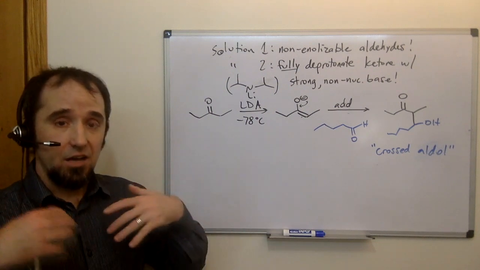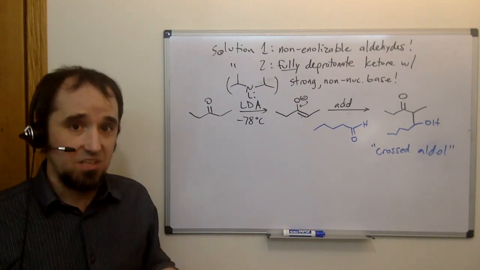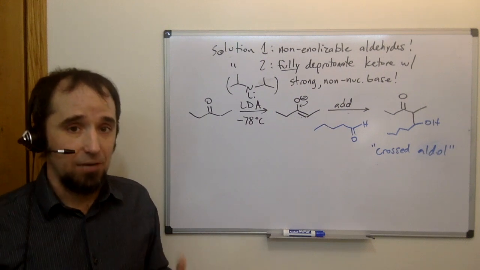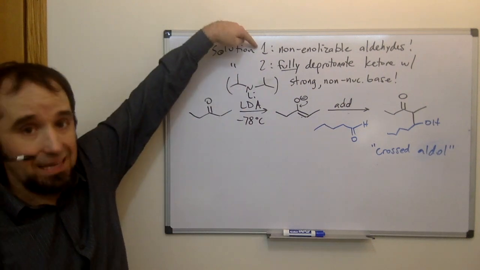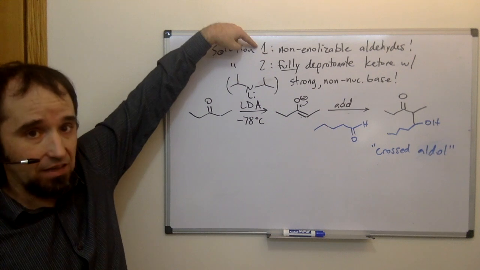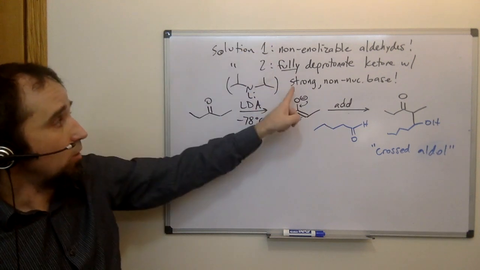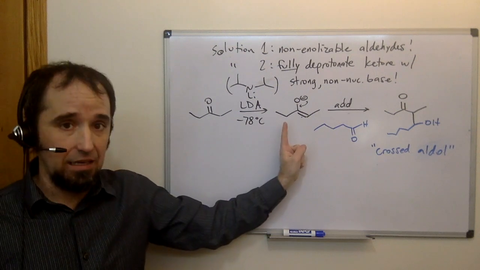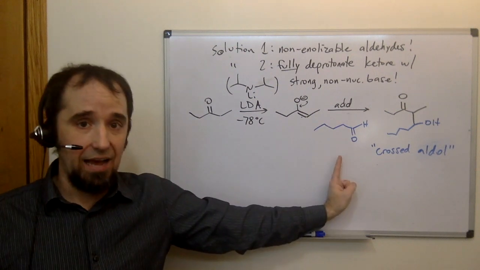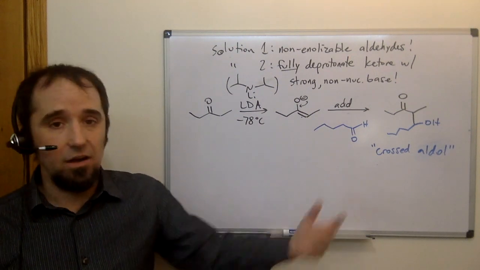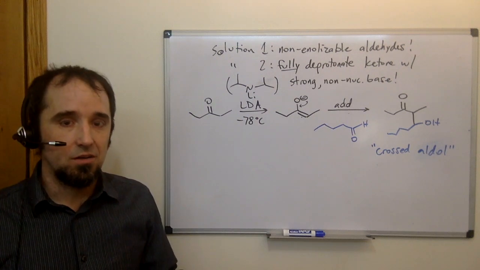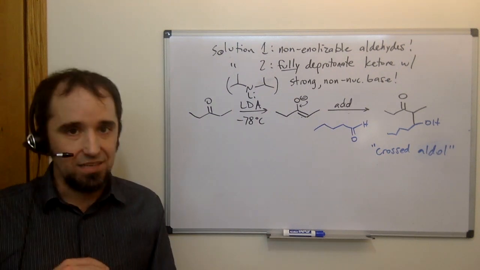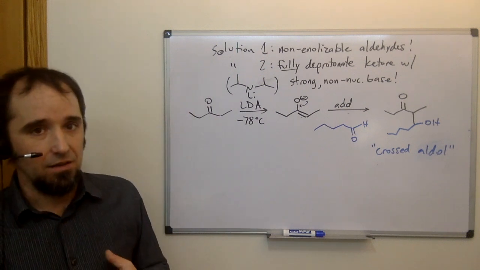But for now, a good crossed aldol, which is to say two different carbonyl compounds reacting, works best if A, one of them can't form an enolate and the other one can, or B, we make sure to convert one of them entirely to enolate before we add the electrophile. Otherwise, if we just chuck in two carbonyl compounds with some base, I can't tell which one's going to be my nucleophile and which one's going to be my electrophile.